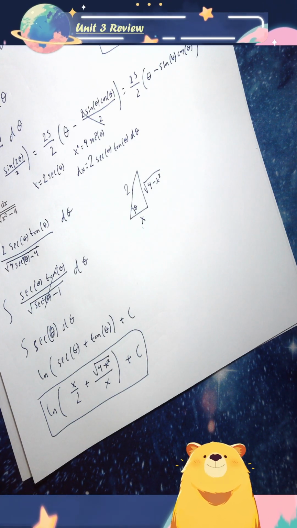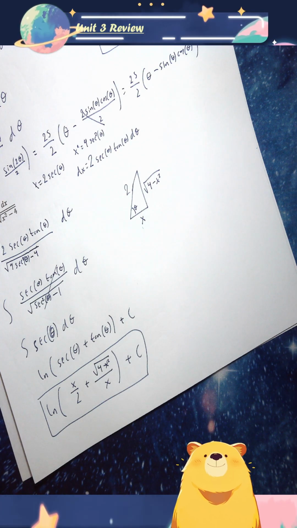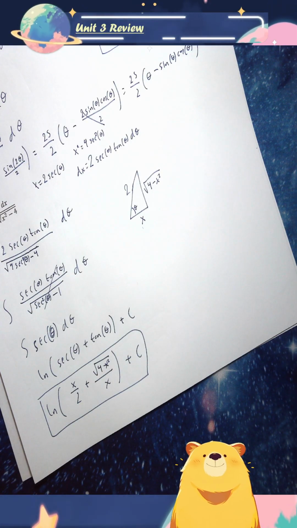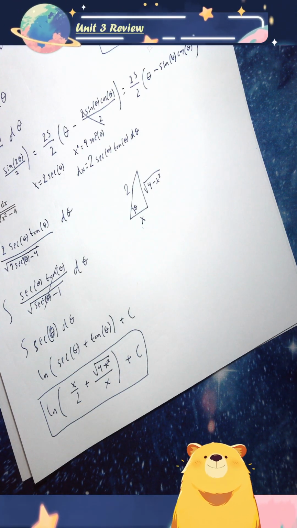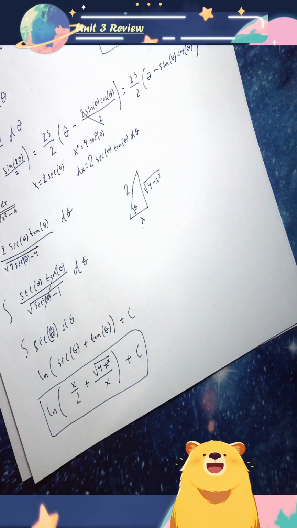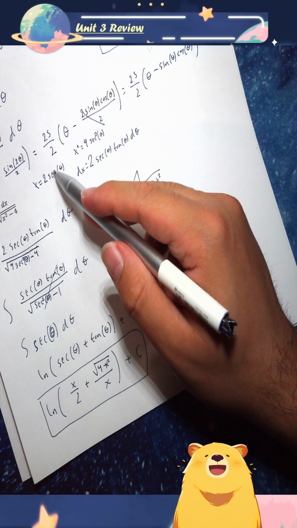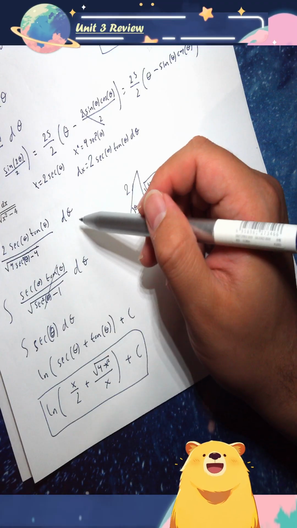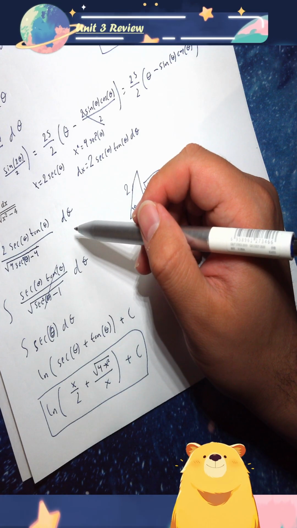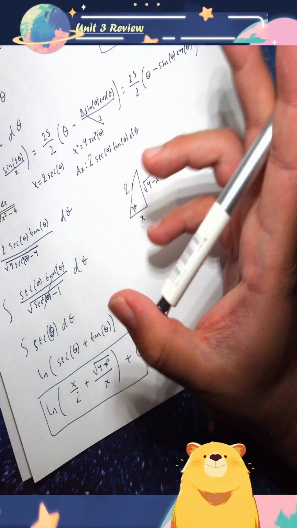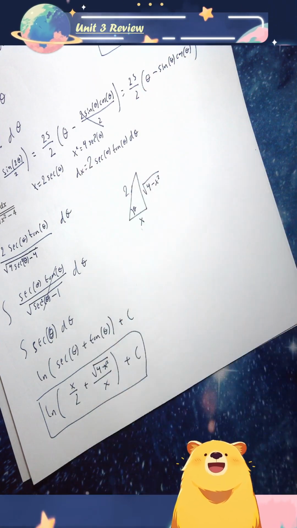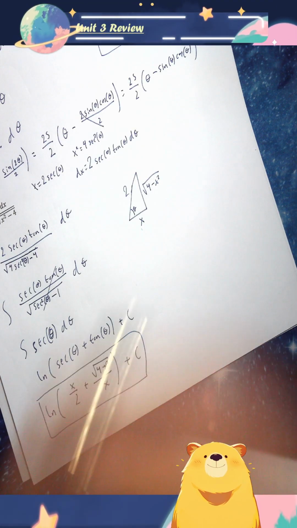Let me double check. Hold on, did I make a mistake? Or maybe I made a mistake here. Secant is x over 2. Oh, I did do it.